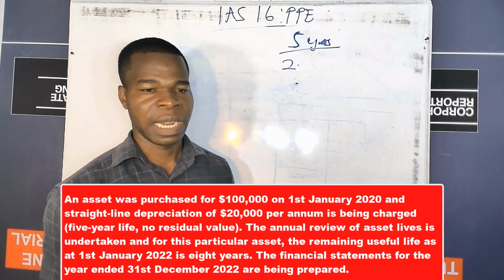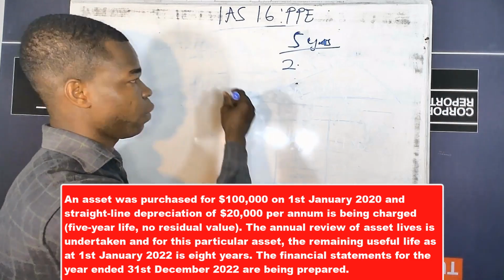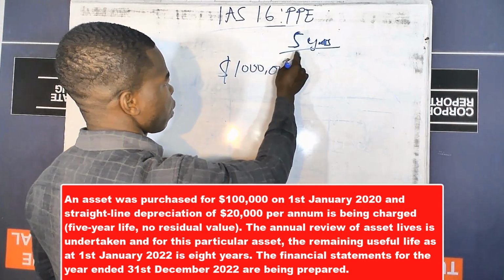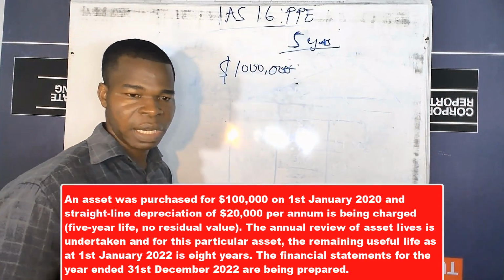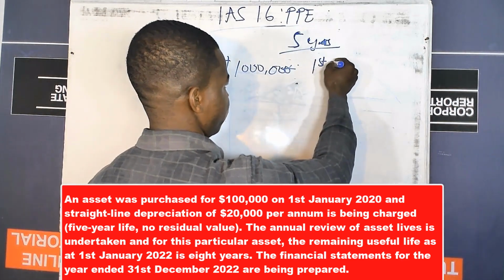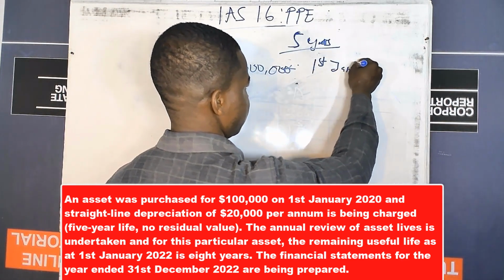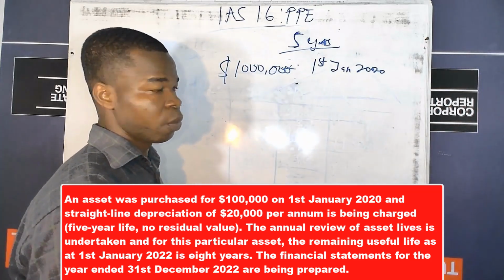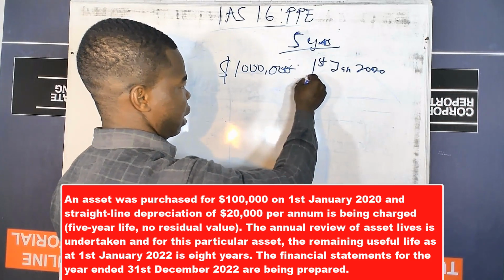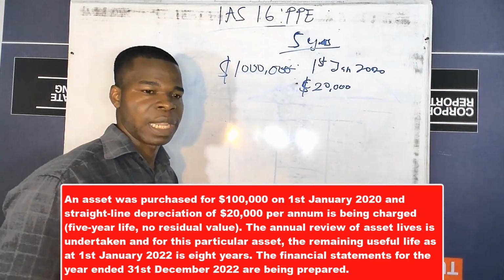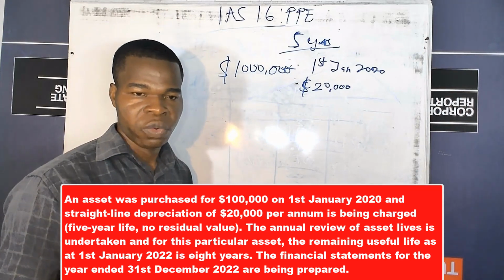So we saw that an asset was purchased for $100,000 on the 1st of January 2020, when the asset was acquired, and it's supposed to be depreciated at $20,000. That is a straight line method because it has no residual value.